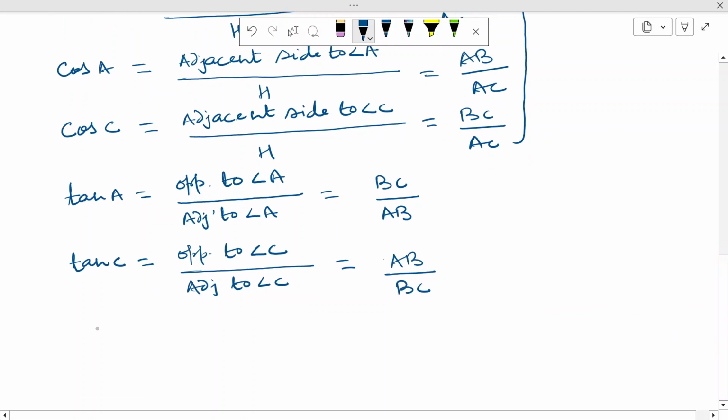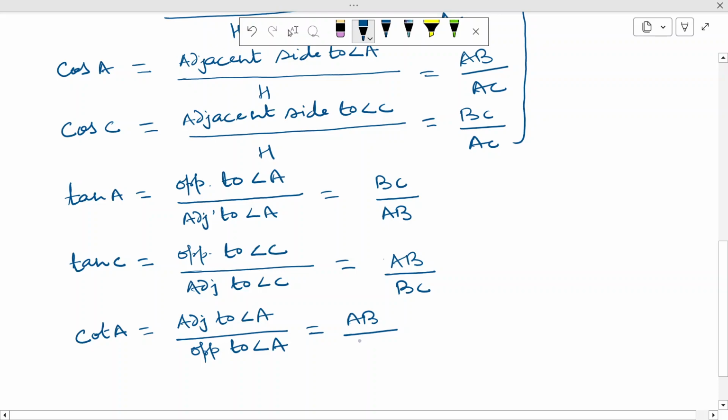Now when you consider the next trigonometrical ratio, that is cot, and cot of angle A is obtained by taking the ratio of the adjacent side to angle A divided by the opposite side to angle A. So this will be AB over BC.